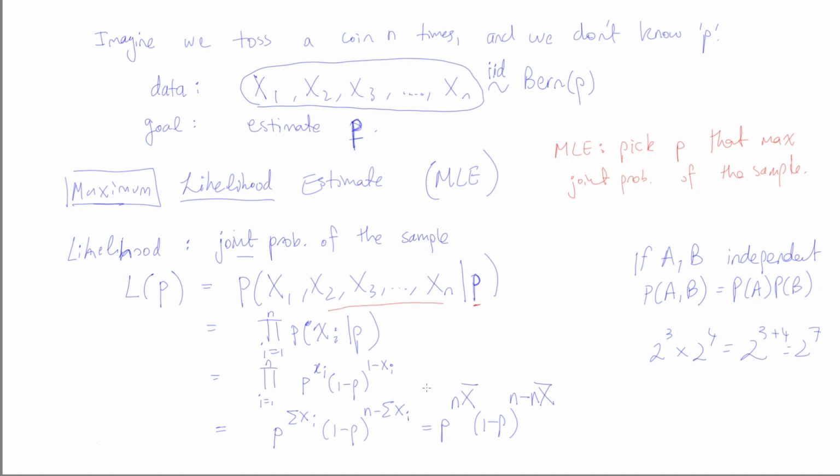All right, so the question is, how do we maximize this? Okay, well, there's a trick. The trick is that you can actually work with something slightly easier. Here, let me just write it here again.